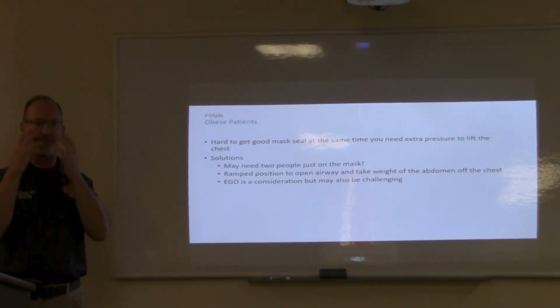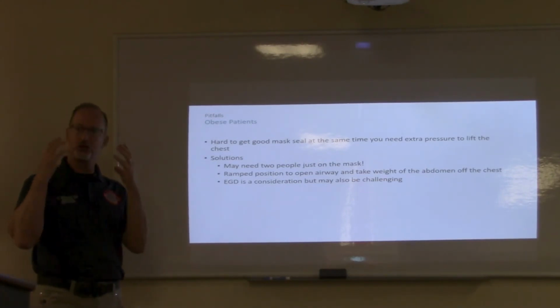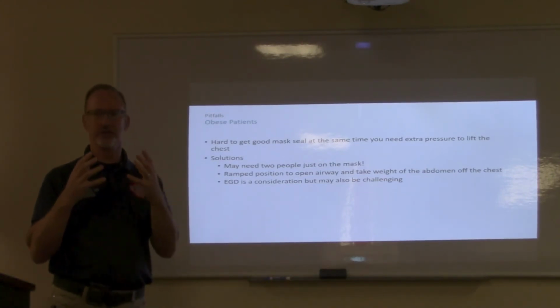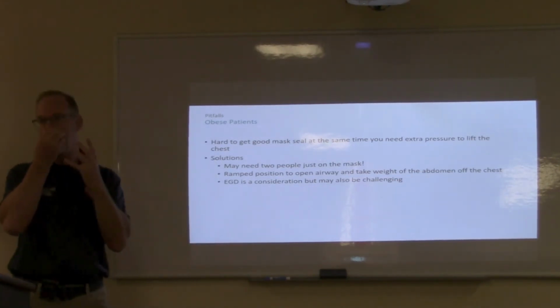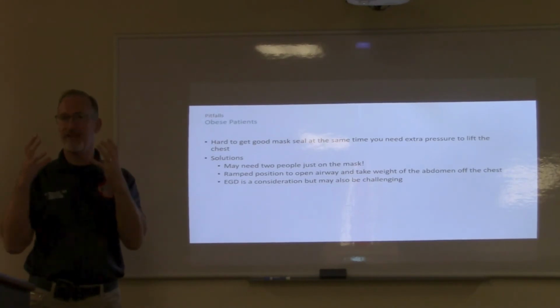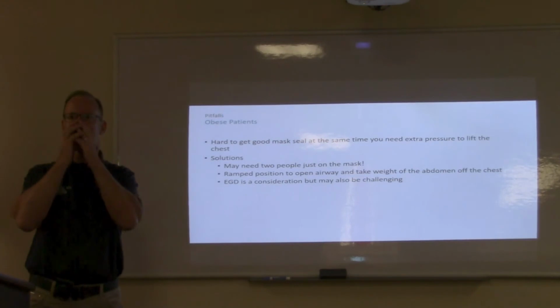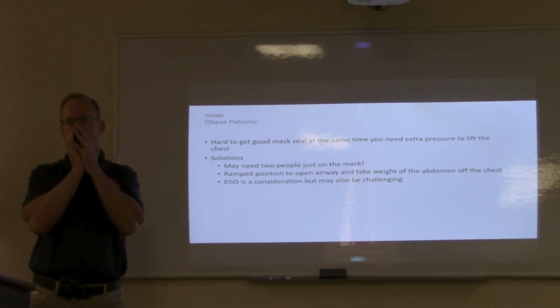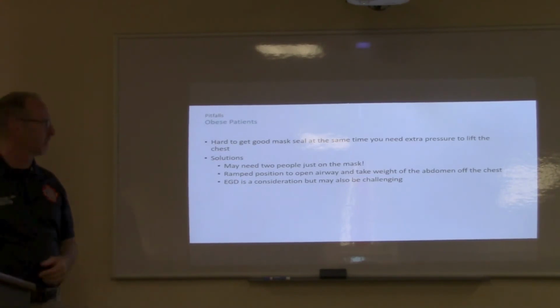I have had patients who are so obese, and people joke about where do you carry your weight? Well, some people absolutely carry their weight in their face, and some of it's because they've been on chronic steroids or whatever it is, and they just have this massive face, and on top of it you add some blood, some vomit, some secretions, and you just can't get a seal. Then maybe it would be better to just bypass that issue with an extraglottic device.